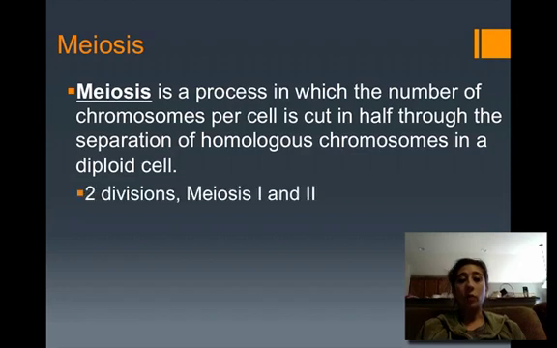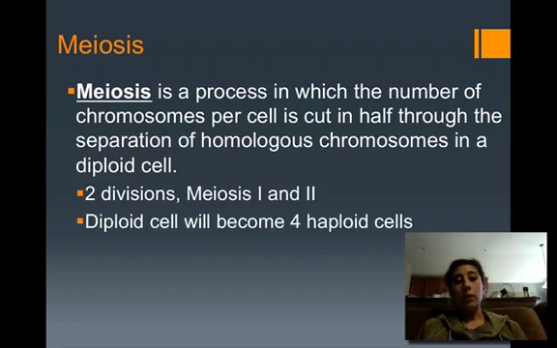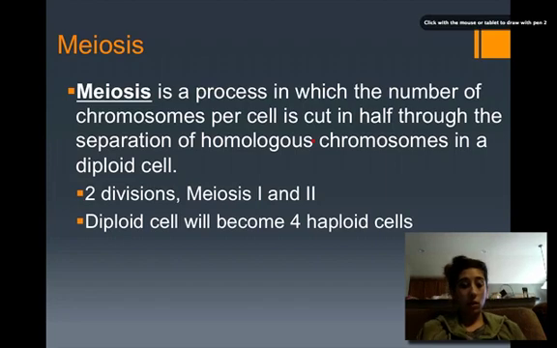So we start off with a diploid cell and we bring it down to a haploid cell. We will see 2 rounds of meiosis occur, which is how we go from diploid to haploid. And from the one diploid cell, we actually end up getting 4 haploid cells. So we can make several sex cells just from one diploid cell.